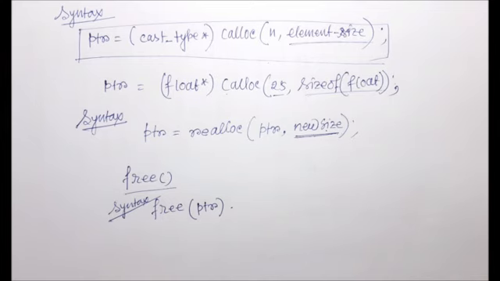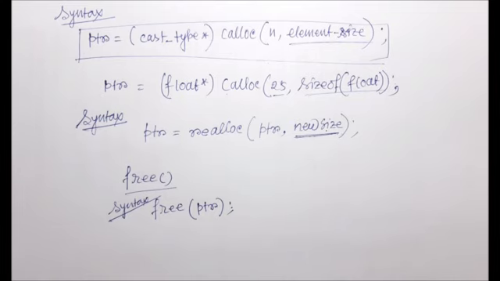Okay. So, by using malloc or calloc, we cannot deallocate the memory. We use the free function. It helps to reduce the wastage of memory by freeing it. So, whenever it is not required, we just use the free function so that we can free this pointer to this memory location.